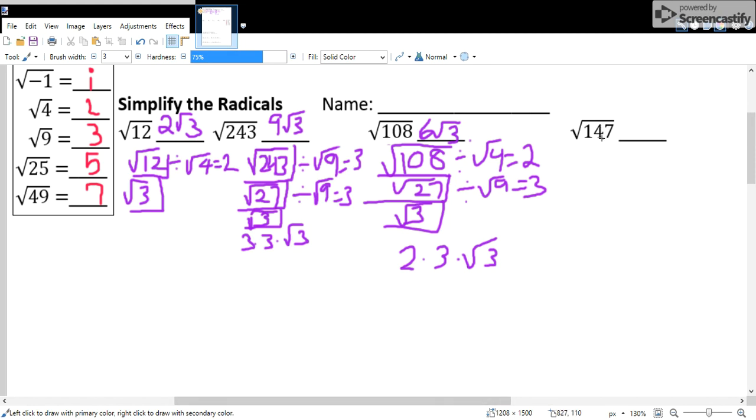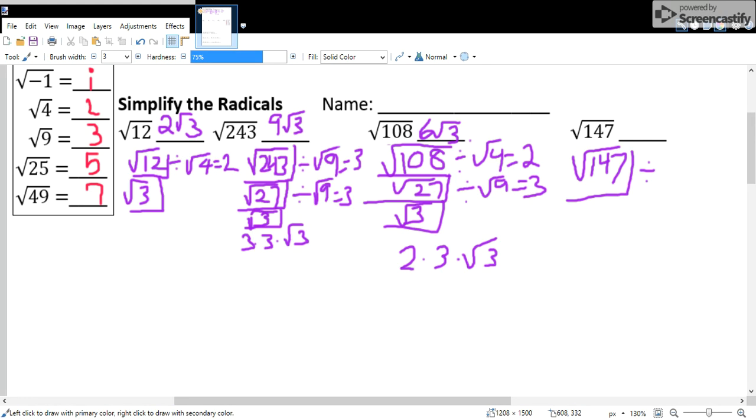Let's look at the square root of 147. There's no negative, so we can skip the first square root. Let's see about 4. 147 divided by 4 is equal to 36.75. So we'll skip to the next one. 147 divided by 9. That's 16.3 repeated.